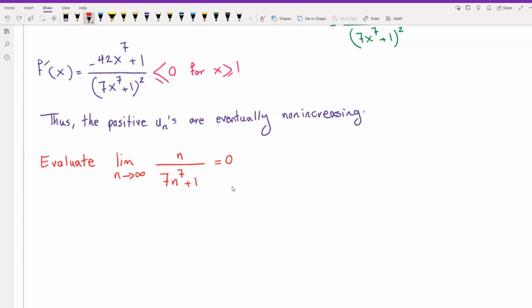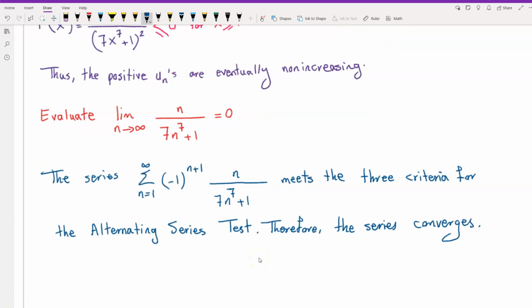So with n going to infinity, the limit is equal to 0. This means u sub n approaches 0. So we have all 3 conditions for the alternating series test. What that means is the series converges.